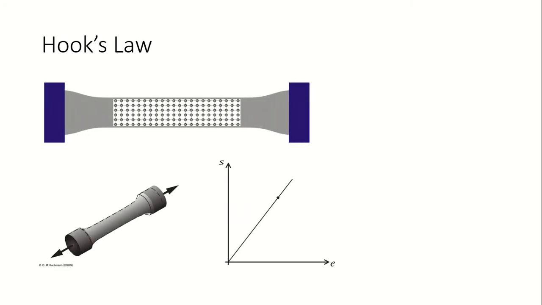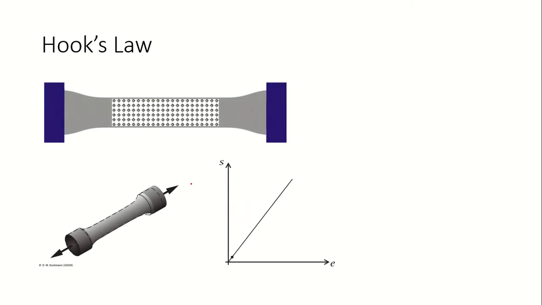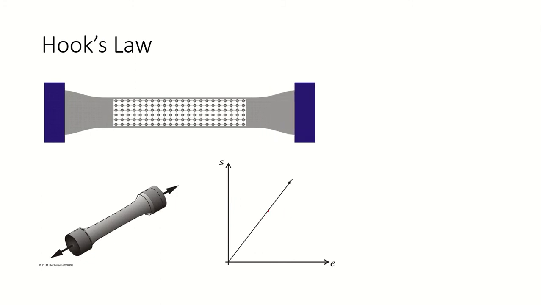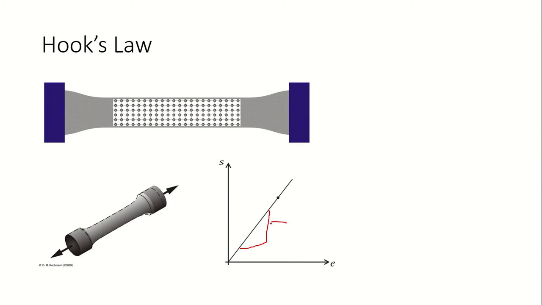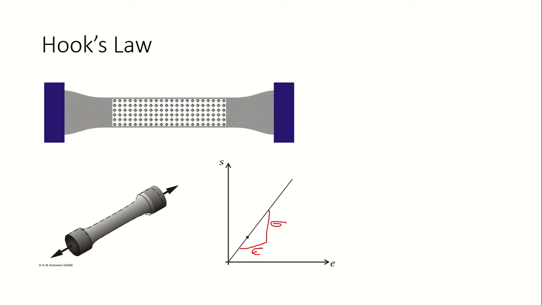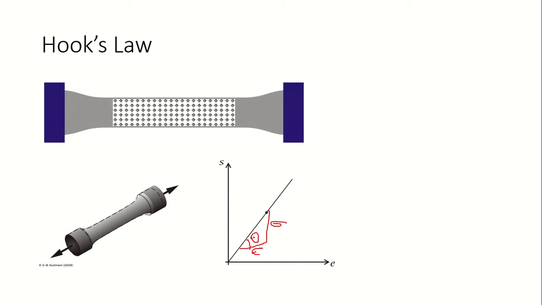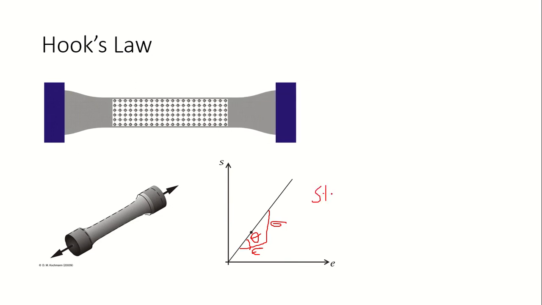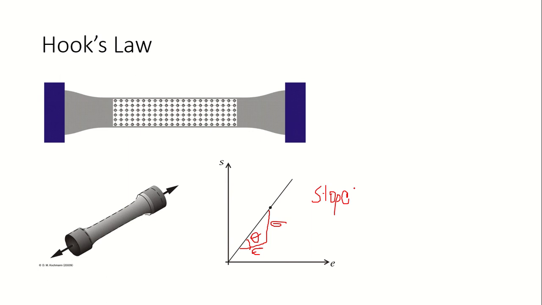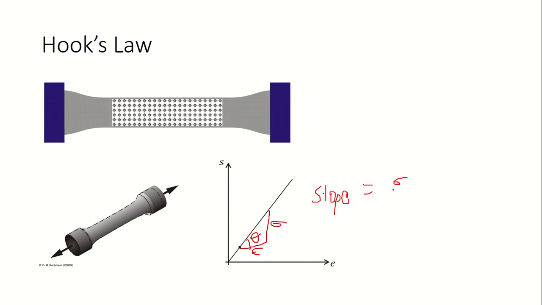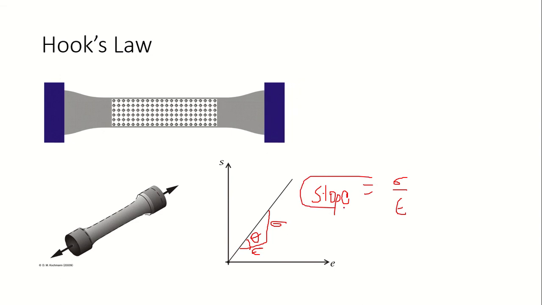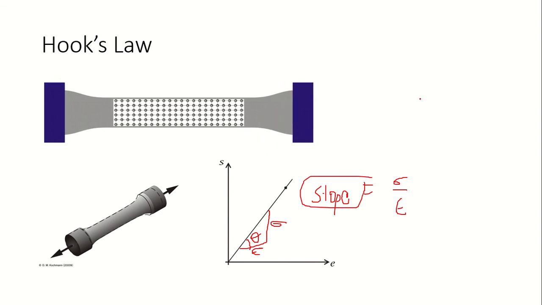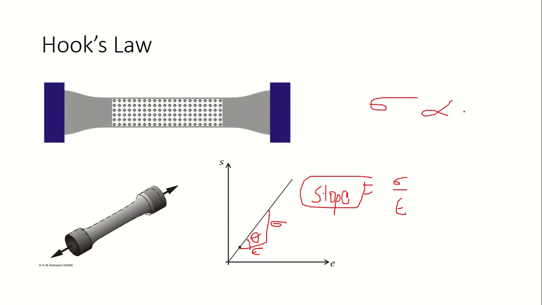Now let us observe what Hooke's law is, guys. Hooke's law is defined only within the elastic limit. So this is the stress axis, and this is the strain axis. When you take the slope, it is given by stress to strain. Stress is directly proportional to strain within the elastic limit.